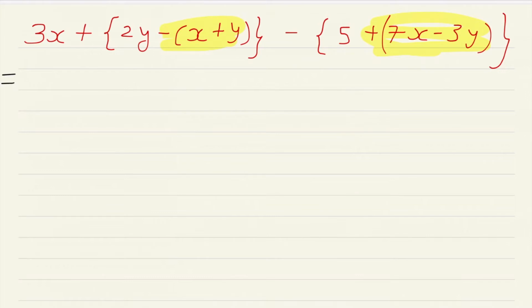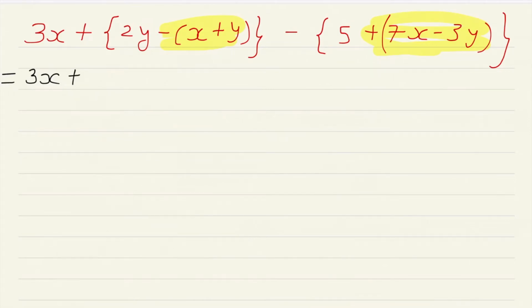So that is 3x plus, we will leave the outer parentheses alone, so that is 2y. And remember, when we have negative in front of the parentheses, we change the signs of the terms when we bring them out.